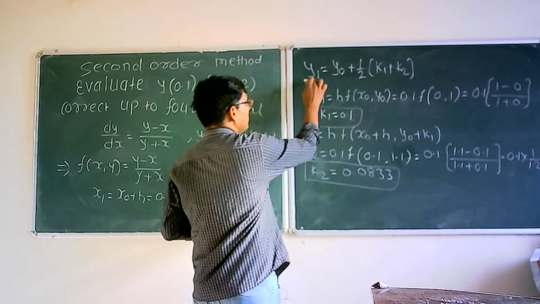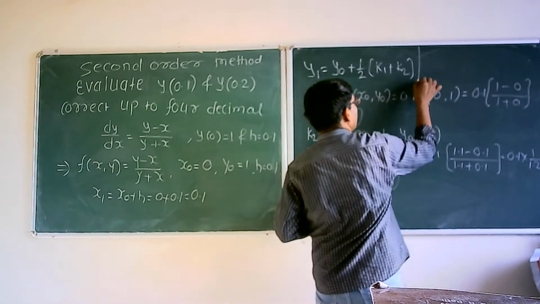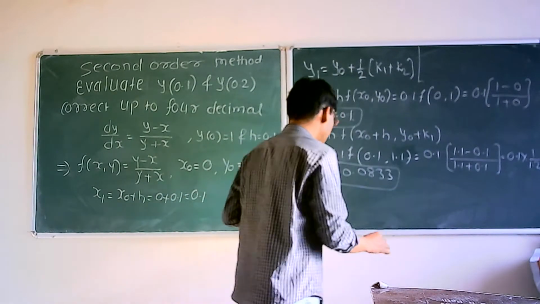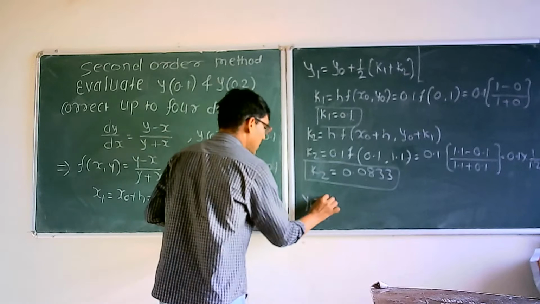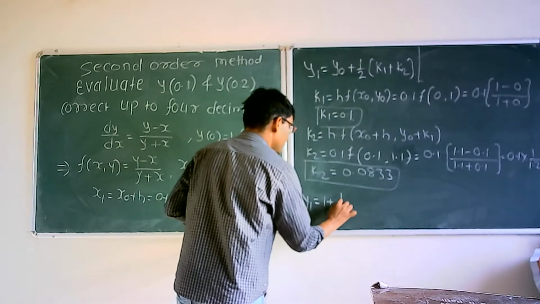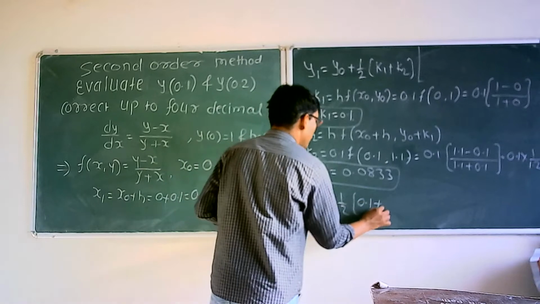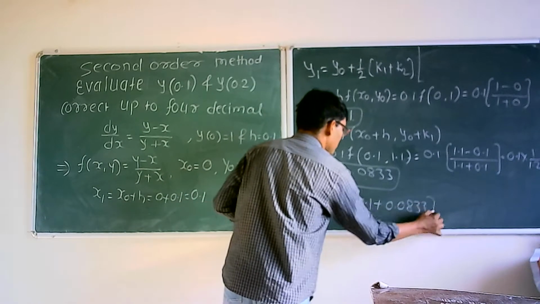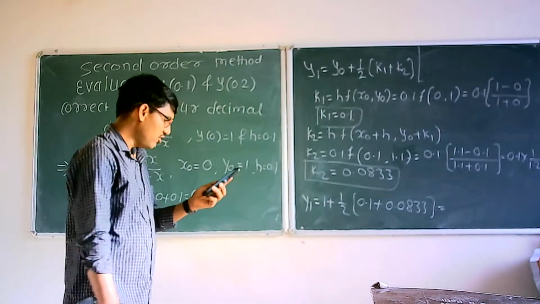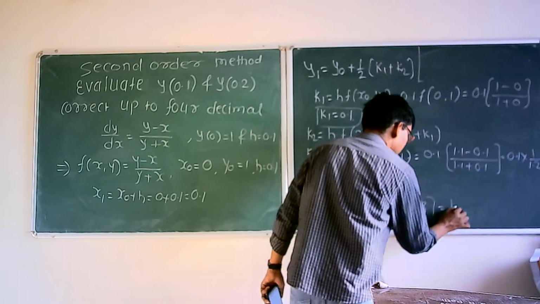Put these two values in this formula and you will get the value of y1. So y1 is equal to y0, which is 1, plus 1 by 2 inside the bracket k1, 0.1, plus k2, 0.0833. If we do this calculation, you will get y1 equal to 1.0917.